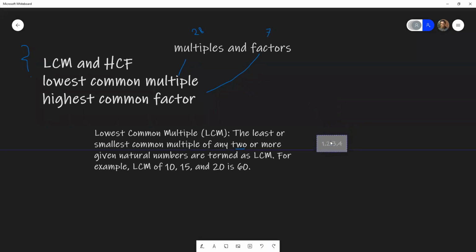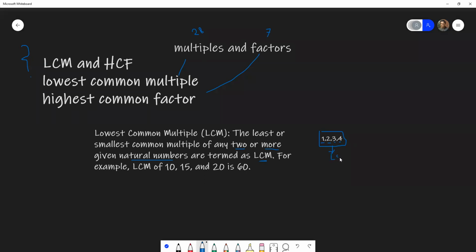So let me give you an idea. The smallest common multiple of any two or more given natural numbers is termed the LCM. Say you want to determine the LCM of these.